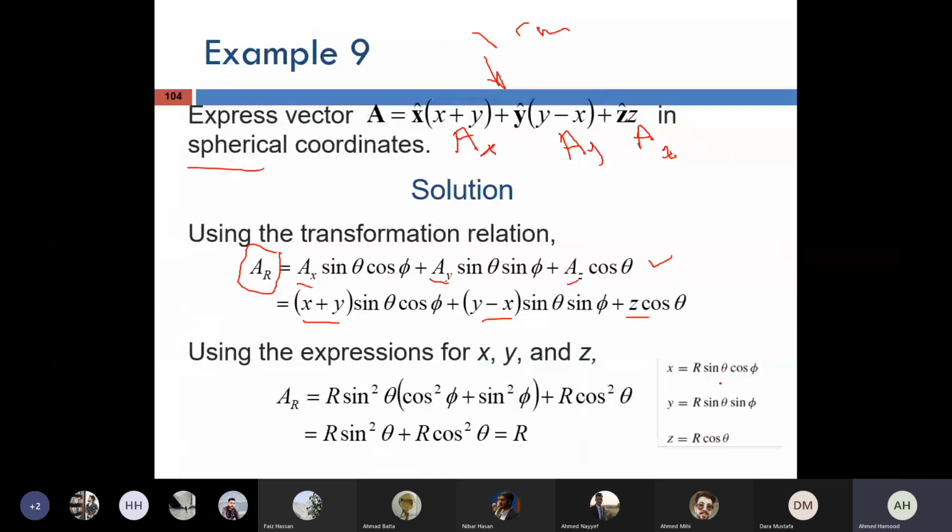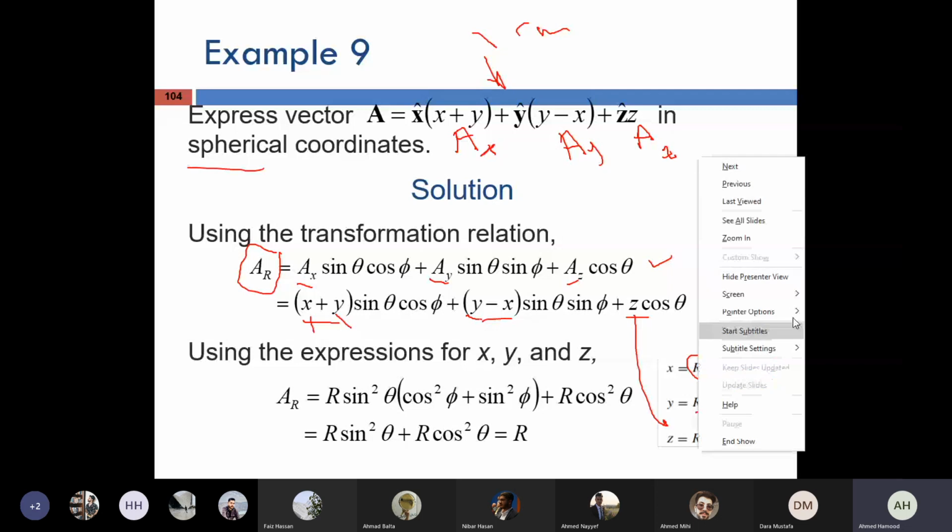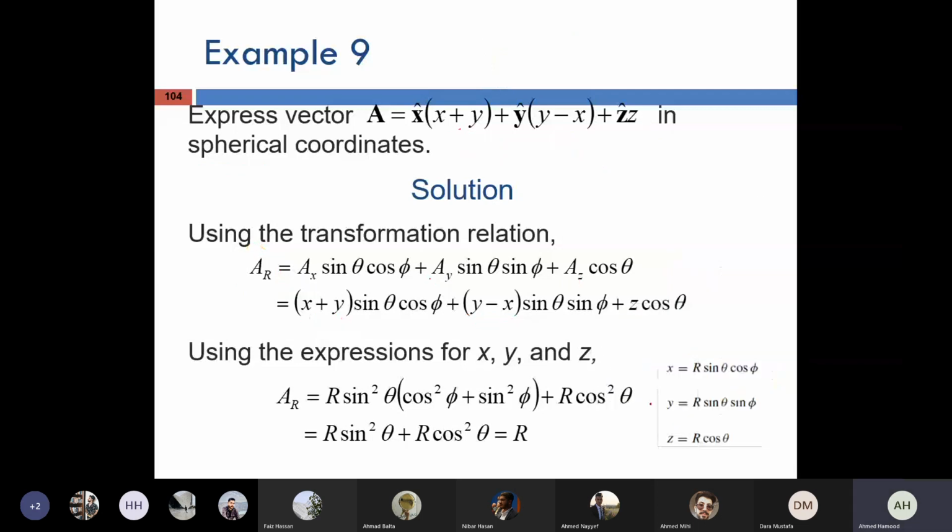So I change all x to r sine theta cosine phi, all y to r sine phi sine theta, and I will change all z to r cosine phi. Let's do it together. This one r, so we have r.